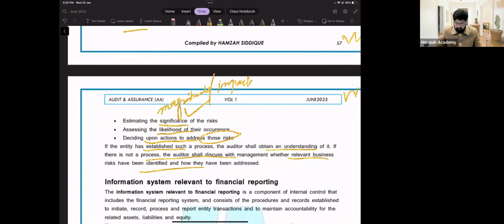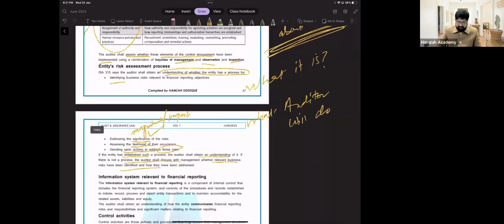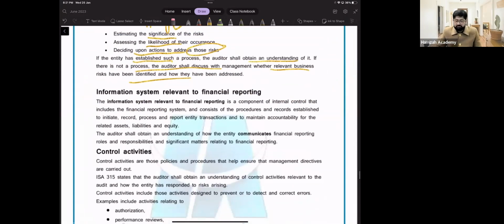Now, the third component, the information system relevant to financial reporting. Students, when a transaction is initiated, a purchase requisition is formed. When you have to purchase something, you get approval of the requisition, then it is sent to the purchase department.